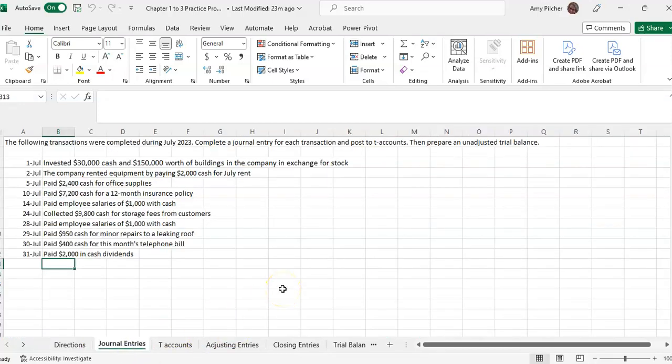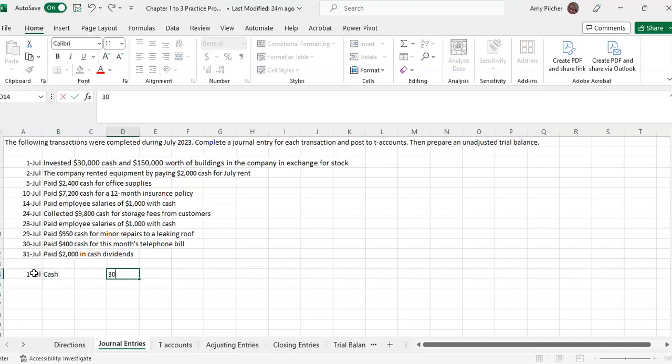So we have journal entries. We have this company that has started on the 1st of July. And what we're going to do here is go through each one of the journal entries. So we'll start with the entry on July 1st, where we received cash in the company.